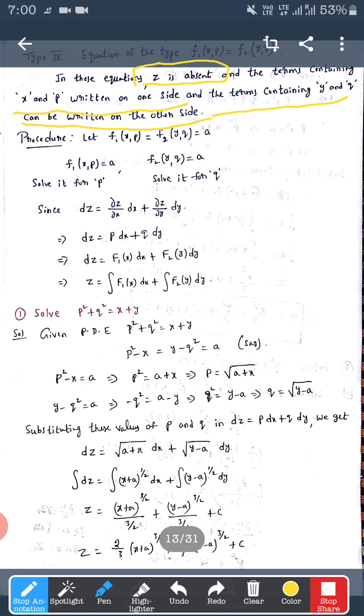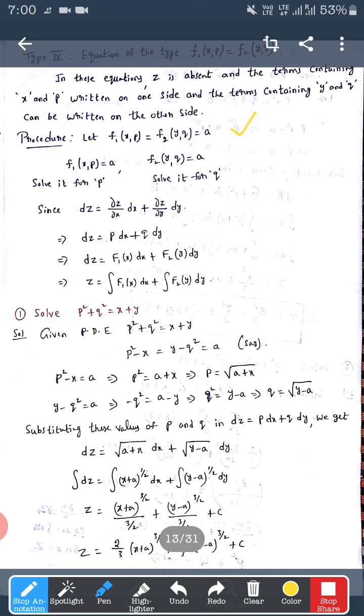The procedure is, first we write f1 of x comma p is equal to f2 of y comma q is equal to a. That means we have to equate to a constant. We equate f1 of x comma p and f2 of y comma q to a constant, called some a, or sometimes it may be some k, whatever it may be, it is a constant.